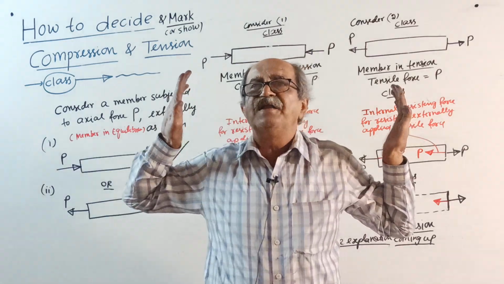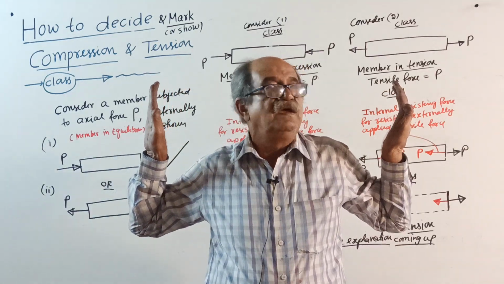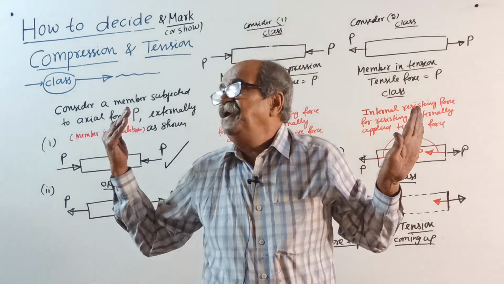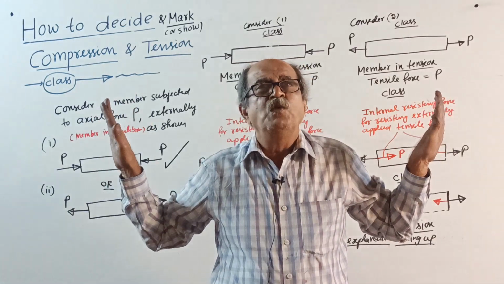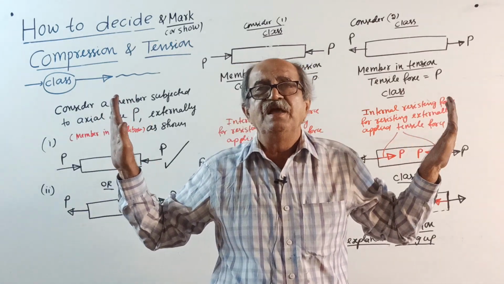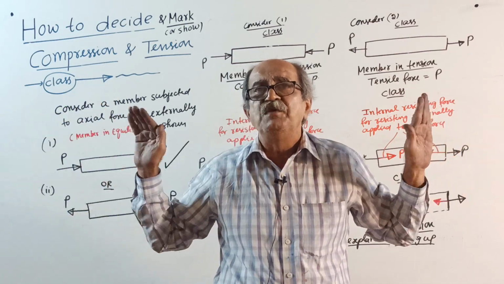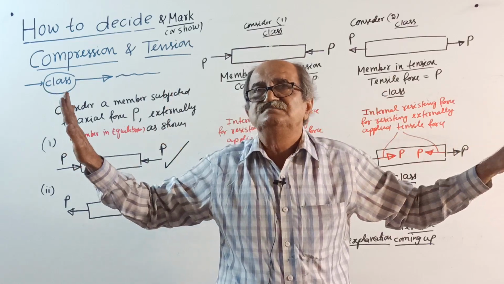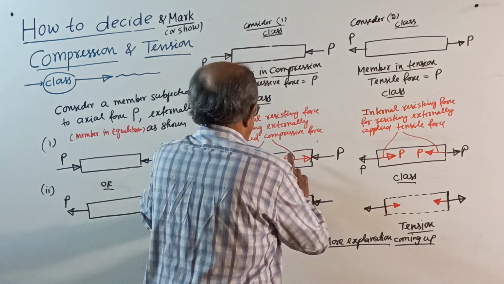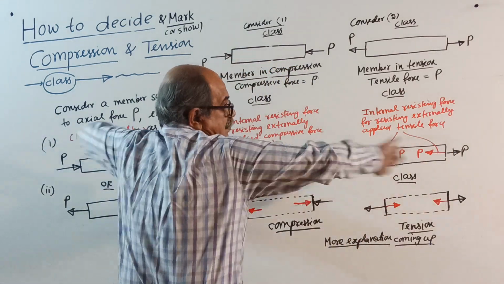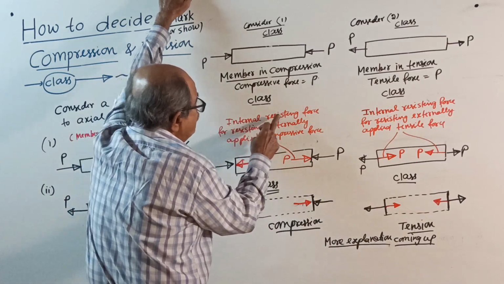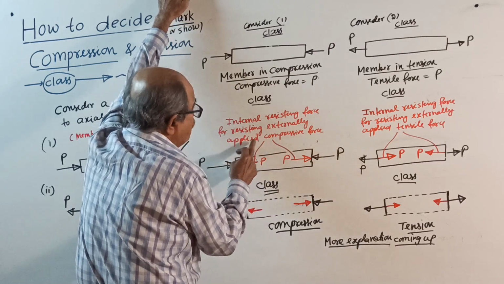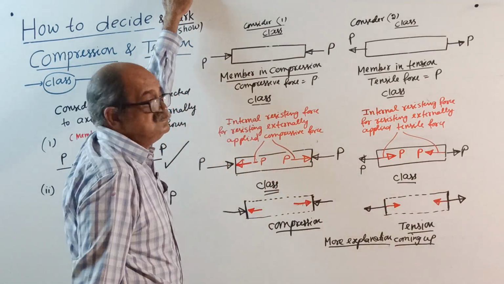I use both hands this way. Somebody from outside is pressing me here, I do not want to move. My hand I want there only. So if he pushes this way, what I will do? I will push him back. This is internal resisting force for resisting externally applied compressive force.